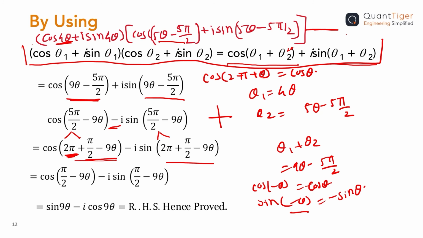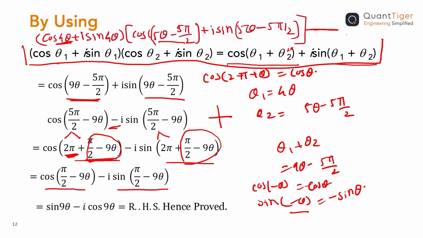If we add any angle to 2 pi, we will get the same angle. So in 2 pi plus theta, I have considered the whole remaining part as theta. So then I will get cos theta. I have considered this whole angle as theta, 2 pi plus theta, and it will become sin theta. So this is what I got here. Now if you look here, we know the formula: cos of pi by 2 minus theta is nothing but sin theta, and sin of pi by 2 minus theta is equal to cos theta.